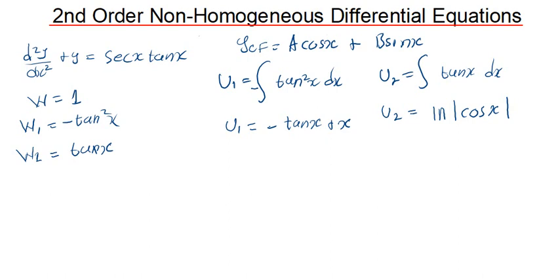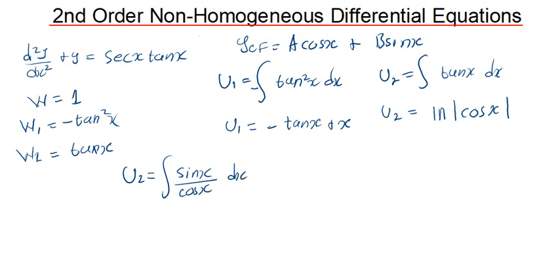So maybe I might have made a mistake on the previous one when it came to integrating tan x, because let me just try to verify this. If we have u2 to be equals to the integral of tan x, of which tan x is simply sine x over cos x dx.